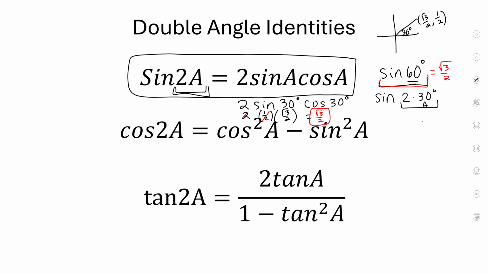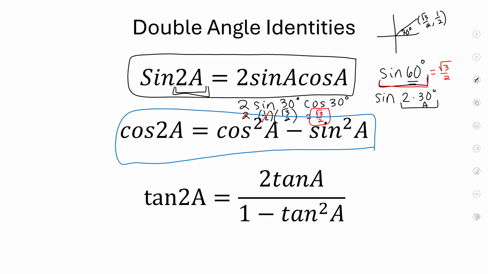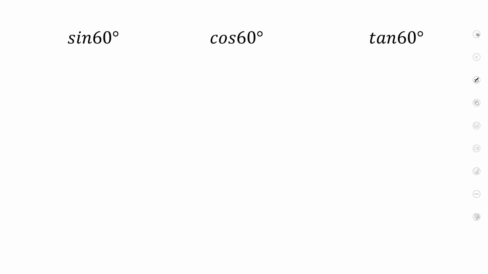Now I'm going to use this second identity, cosine 2a, and let's apply it to another problem, cosine of 60 degrees. We can write this as cosine of 2 times 30 so that I can use the double angle identity. So the identity says if I have cosine of 2 times 30, I can write this as cosine of 30 squared minus sine of 30 squared.